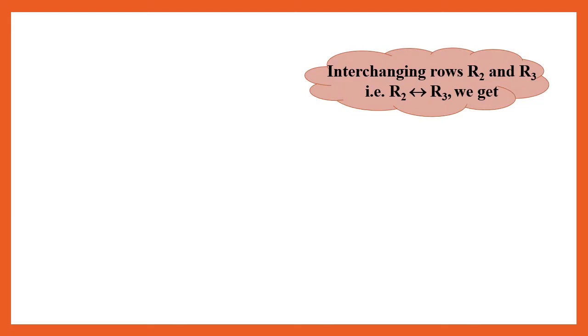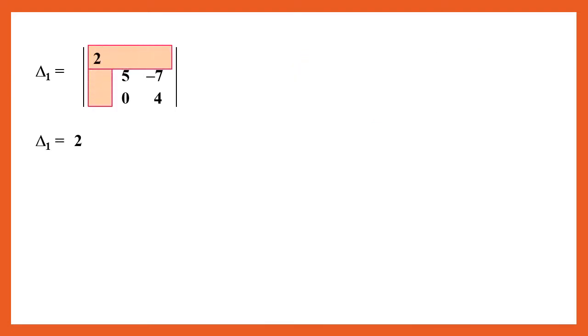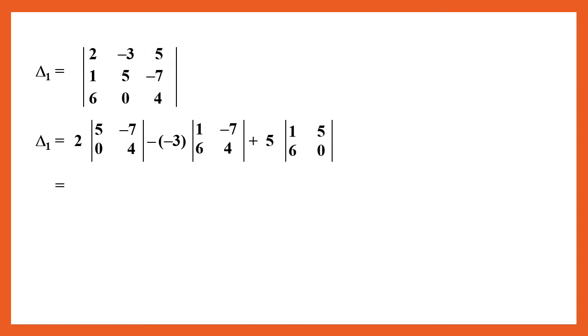Now we will interchange the elements of R2 with R3. So the given determinant will be 2, minus 3, 5; 1, 5, minus 7; 6, 0, 4. Again we will expand it along the first row. So 2 into 5, minus 7, 0, 4 minus 3 into 1, minus 7, 6, 4 plus 5 into 1, 5, 6, 0.